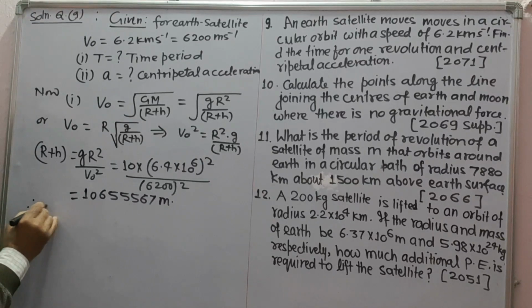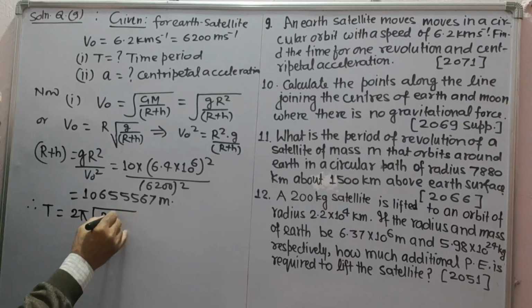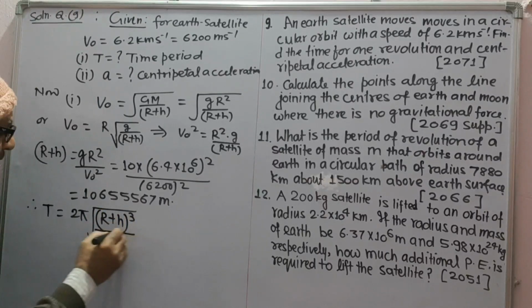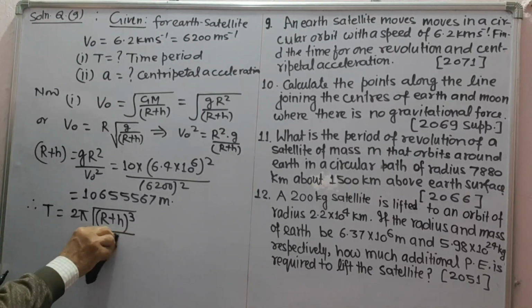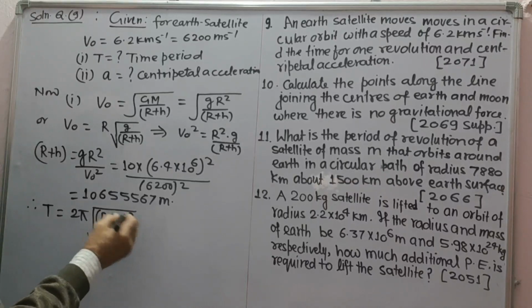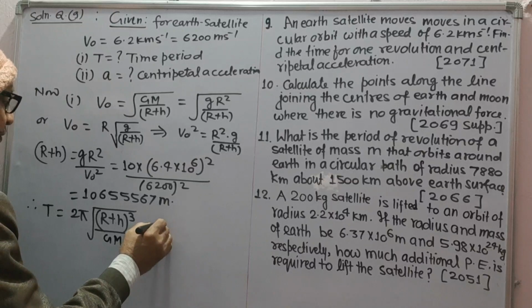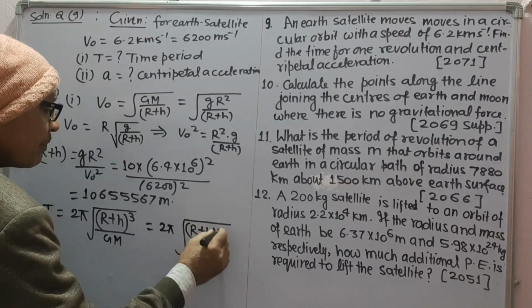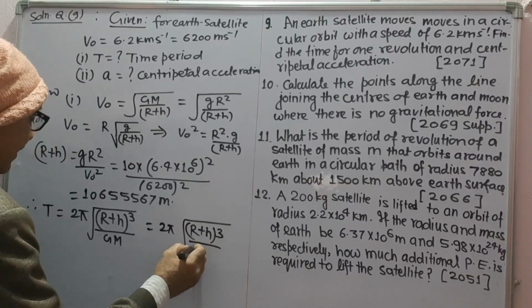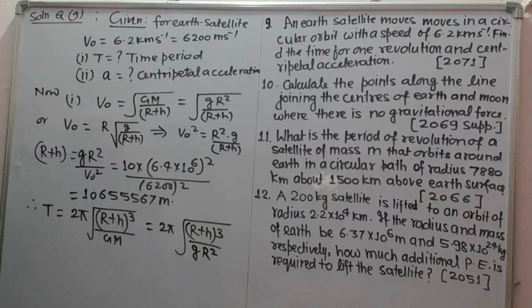Therefore, time period T will be equal to 2π under root (r plus h) cube upon GM, which can be written as 2π under root (r plus h) cube upon g r square, because small g is equal to GM upon r square.